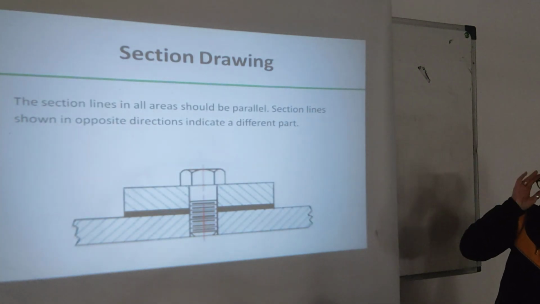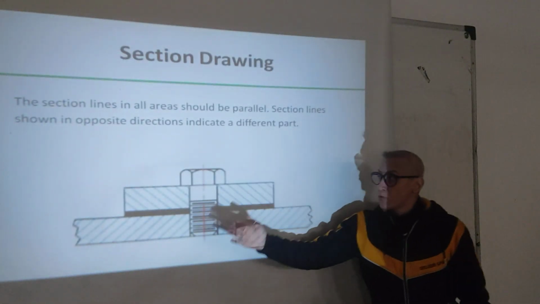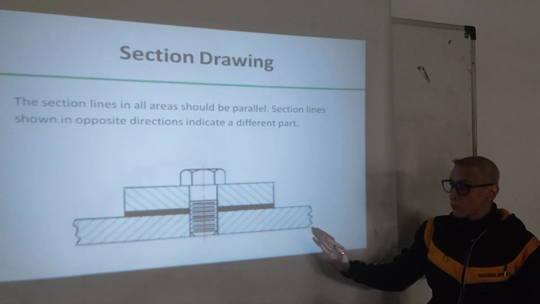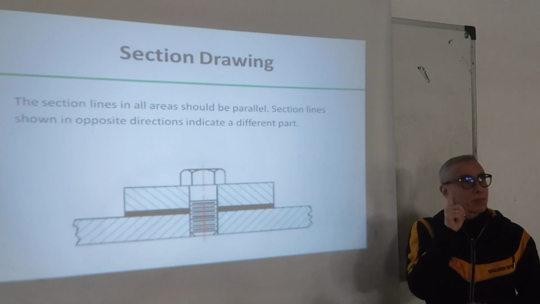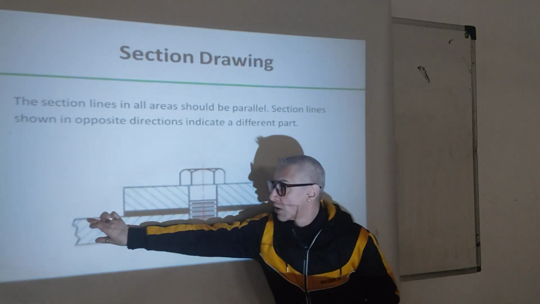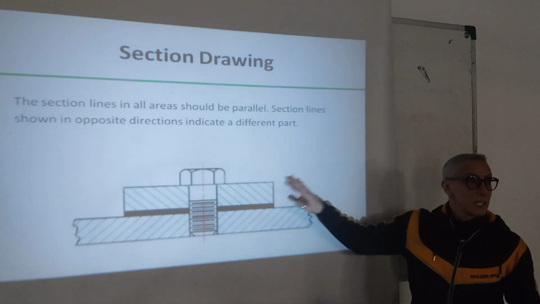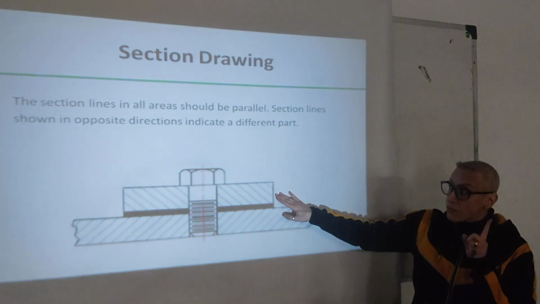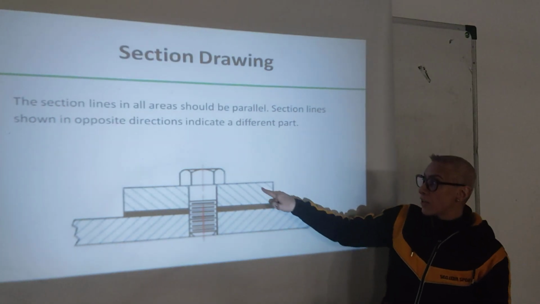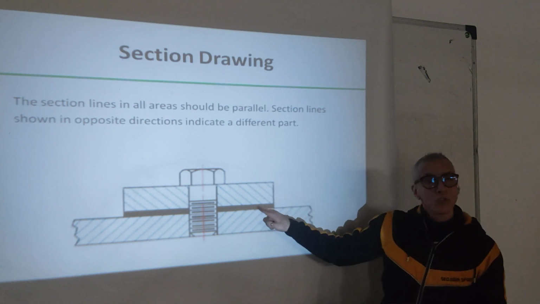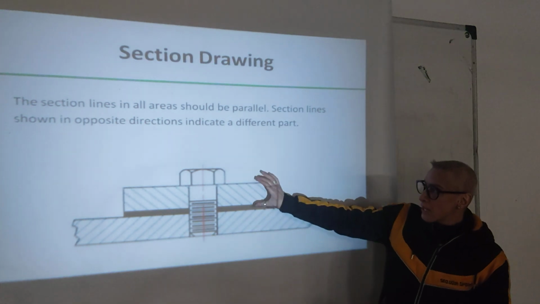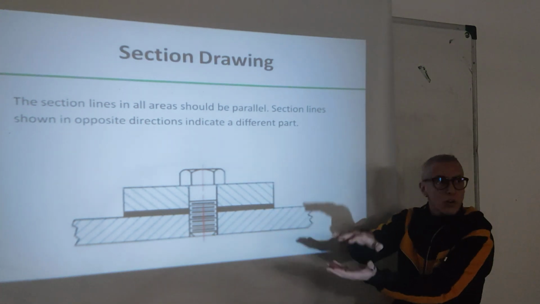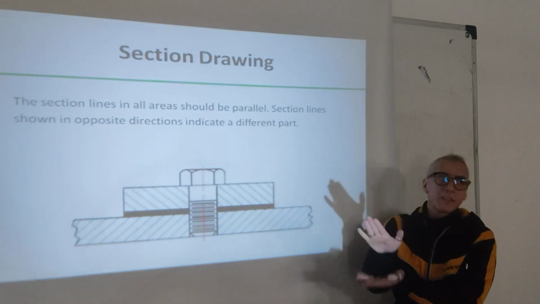Now, in some cases, when you cut an object through and show it as a section view, you have, for example, different parts. Not one part. For example, this is one part, this is another part, for example, here, okay? So, in this case, these lines which show the solid material, which we said should be at 45 degrees, you have to use in the parts that are close to each other or touching each other in different directions.